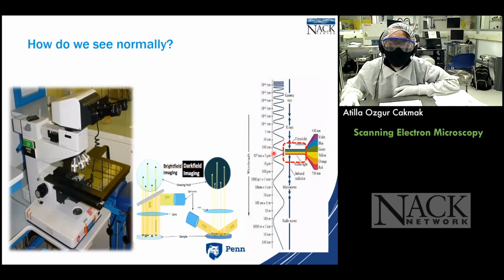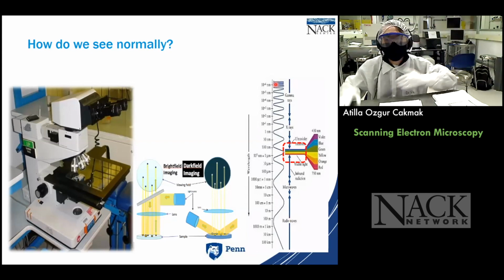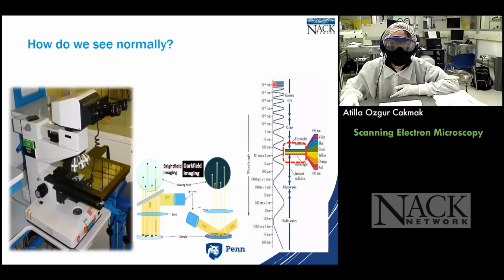We can only see this range with our eyes, from roughly 400 nanometers up to 700 nanometers, okay? So we see those colors. But we're missing a lot of the other parts of the electromagnetic spectrum, as we say in a fancy way, but we don't have to think about it that way. There are other waves out there too.